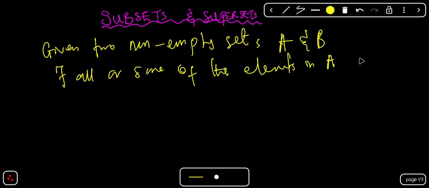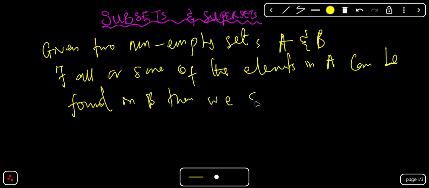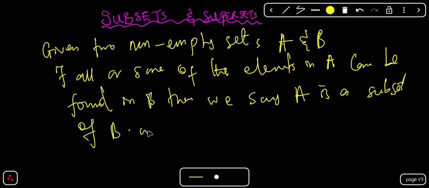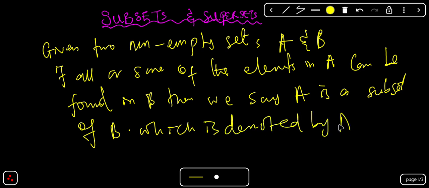If all or some of the elements in A can be found in B, then we say A is a subset of B, which is denoted by A ⊆ B.